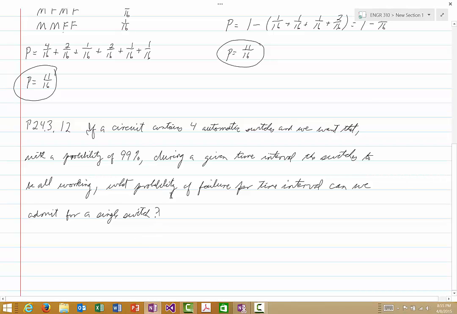So let me make sure you understand this, and then I will encourage you to try it on your own. We have these 4 switches, and they're considered to be identical switches, and so each one of them has the same probability of failure.